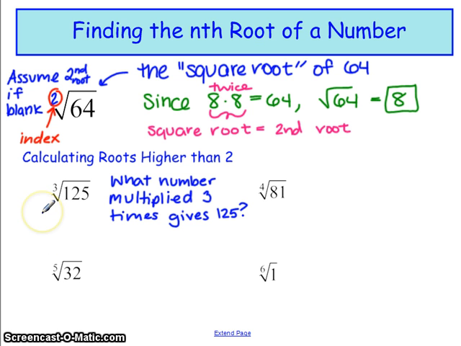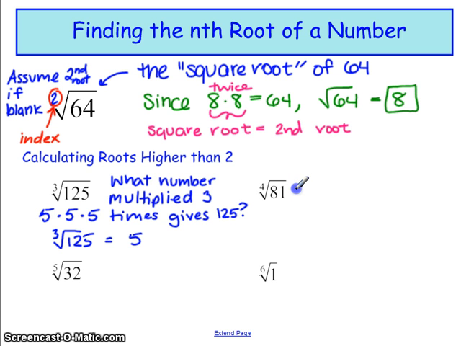And if you think about it, 125 is really the same thing as 5 times 5, which is 25, times 5 again. And so your clue is that it needs to be the same number multiplied together a bunch of times. So this is going to be our answer. We would write that the cube root of 125 equals 5 because 5 times 5 times 5 equals 125.